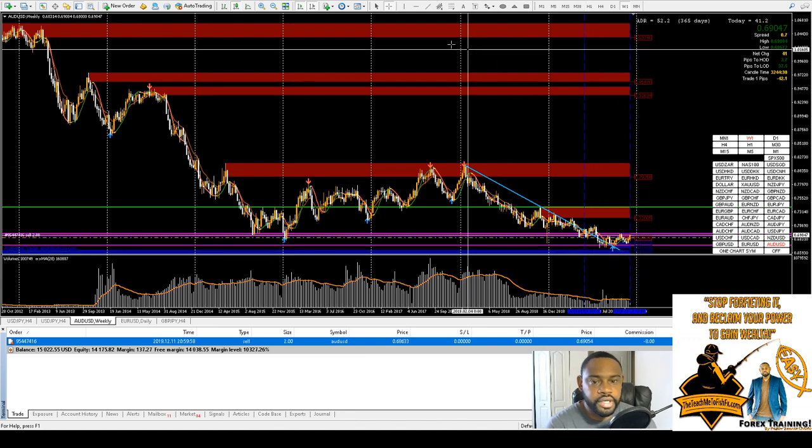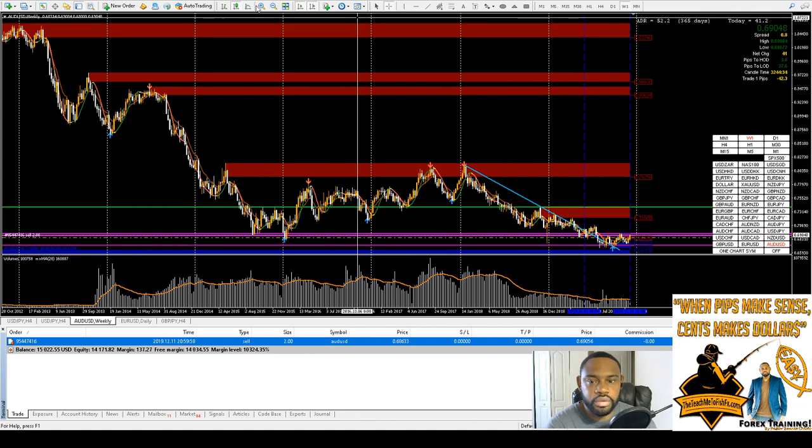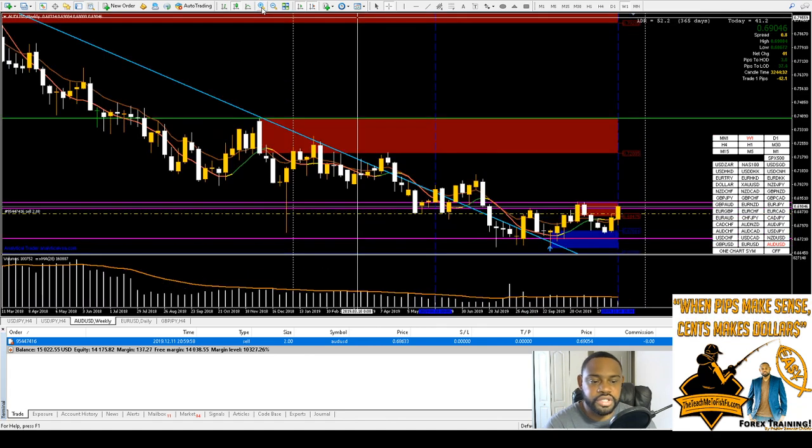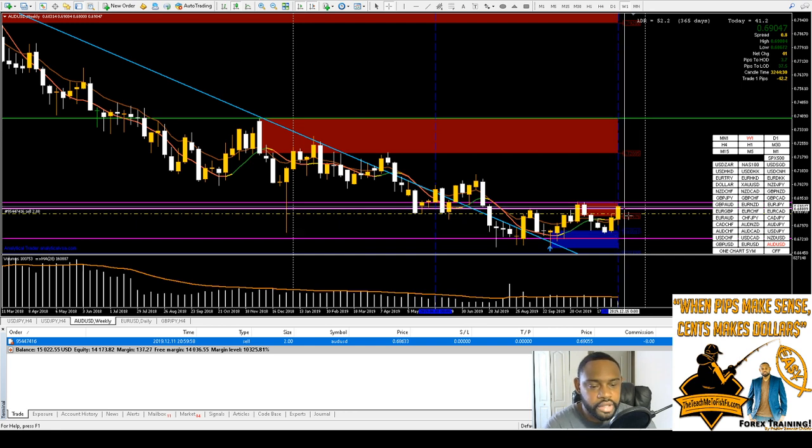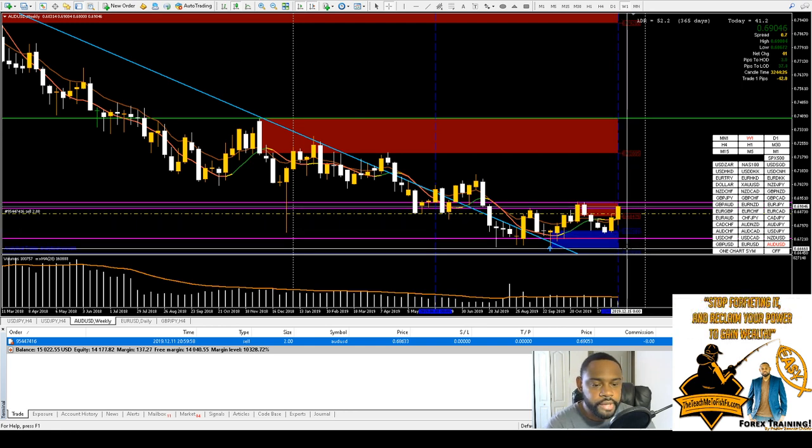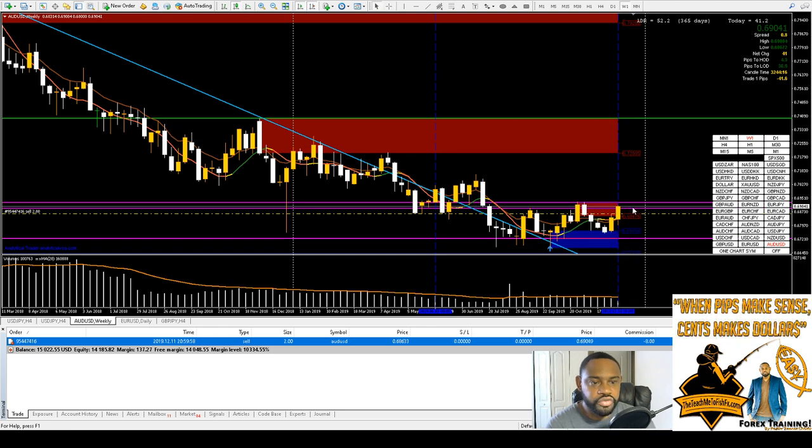So they may come back down to this price point, or maybe even test the demand area in its entirety before moving upward. But based on the week, they are moving up right now.